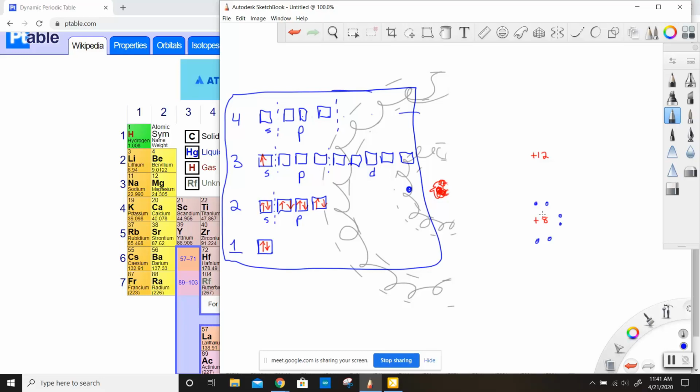The oxygen has, on the n equals 1 level, an electron here and an electron here.